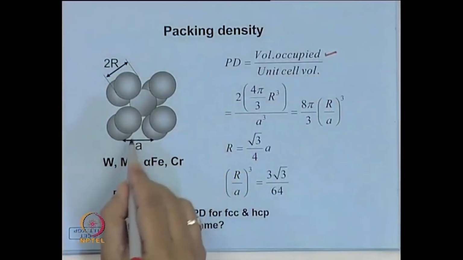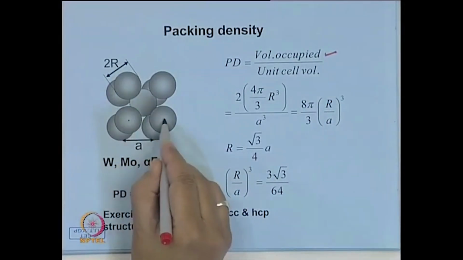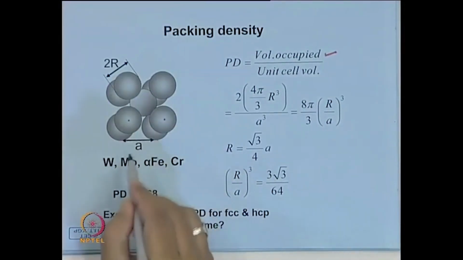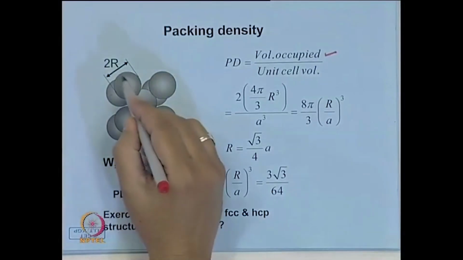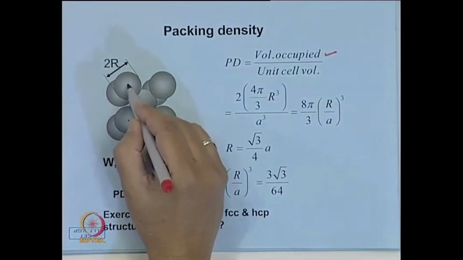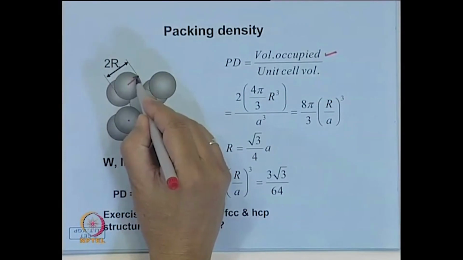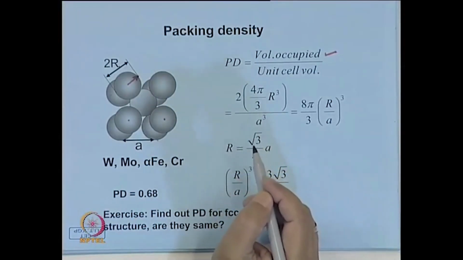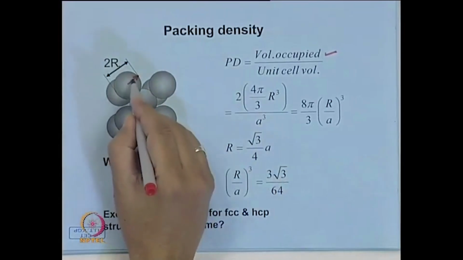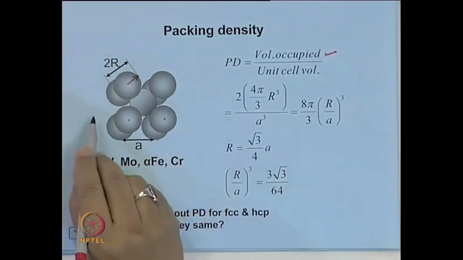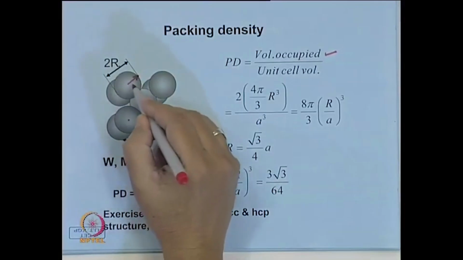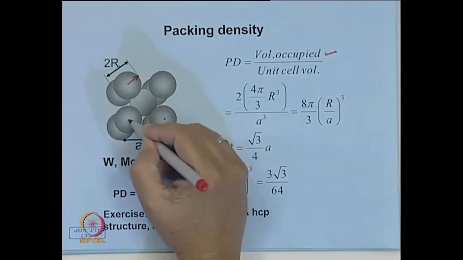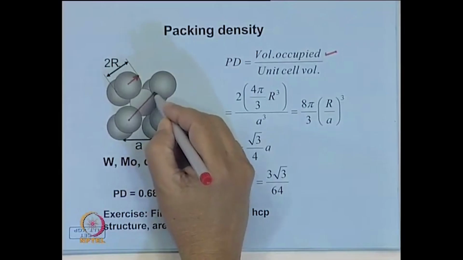Like here in BCC, the distance between the two atoms, center of this and center of this, is equal to a. And let us assume that R is the radius of this atom. Then it is possible to find out a relationship between R and the lattice parameter, because the atoms touch each other along the diagonal directions.